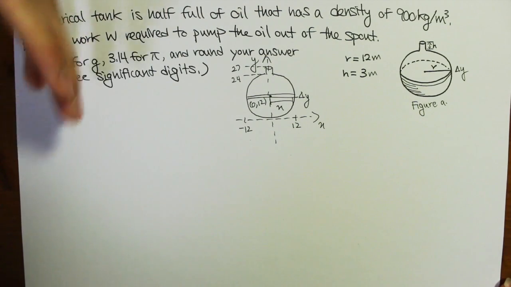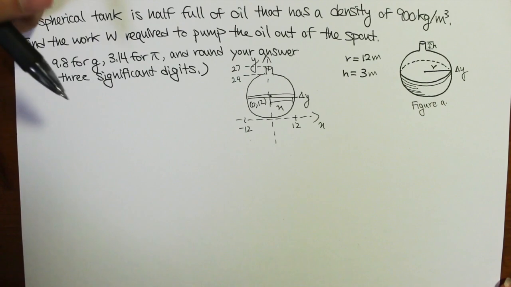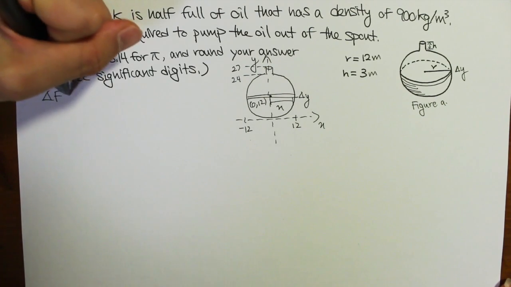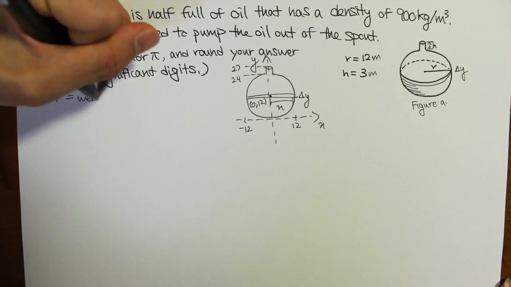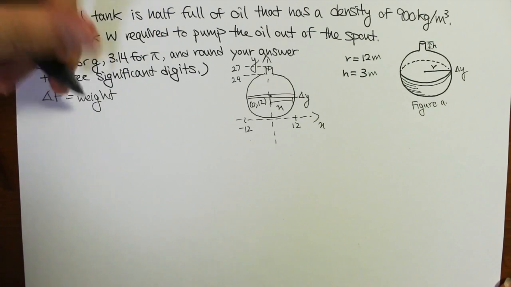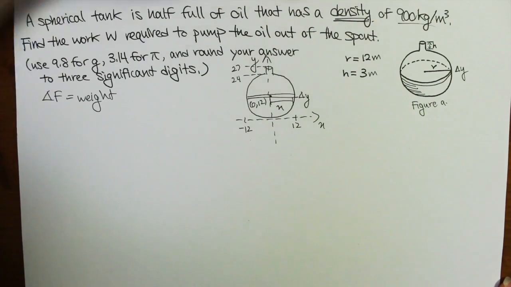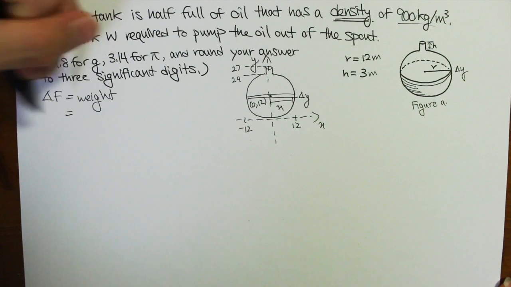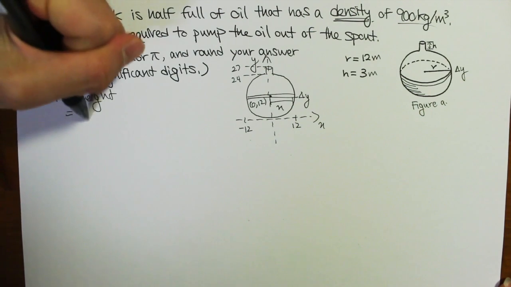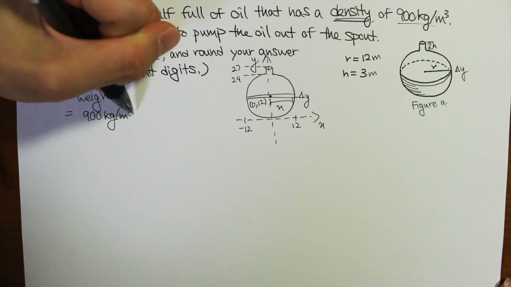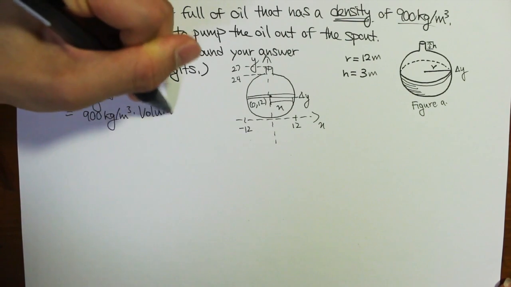Now let's move on to finding the force. The increment of force would be the change of weight. Since we're given the density of 900 kilograms per cubic meter, the weight equals the density, 900 kilograms per cubic meter, times the volume.